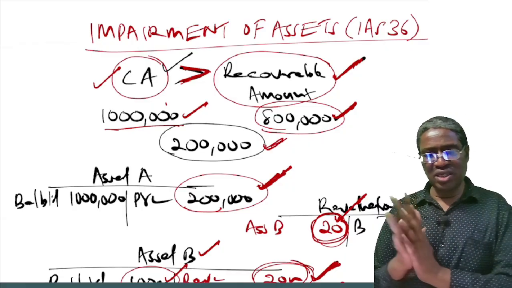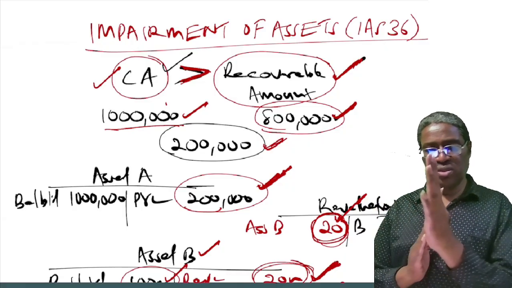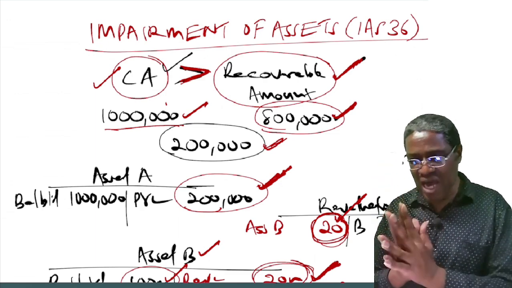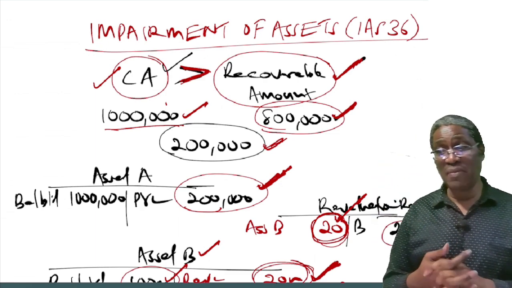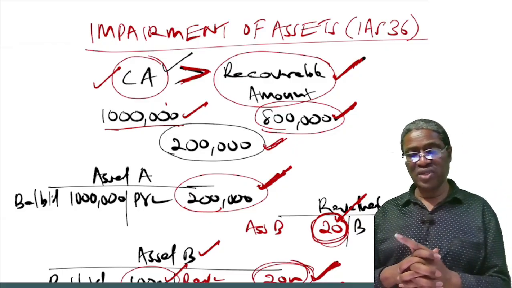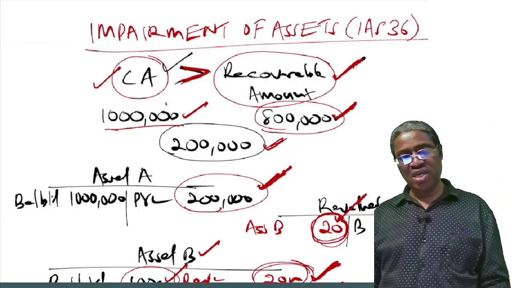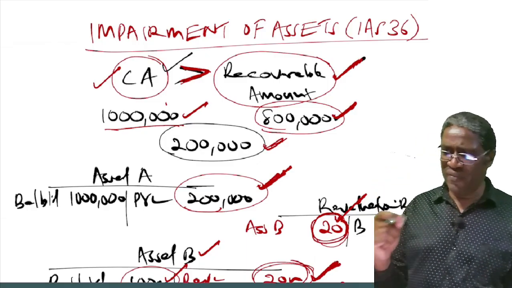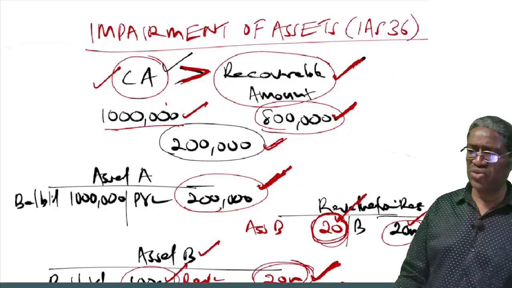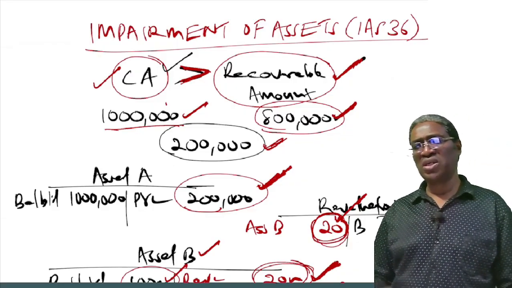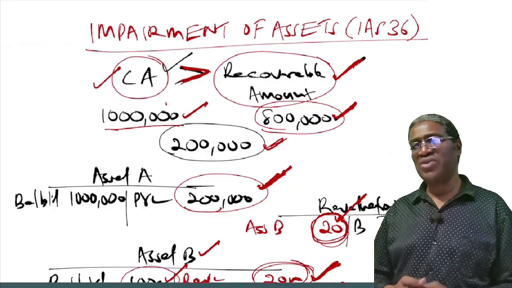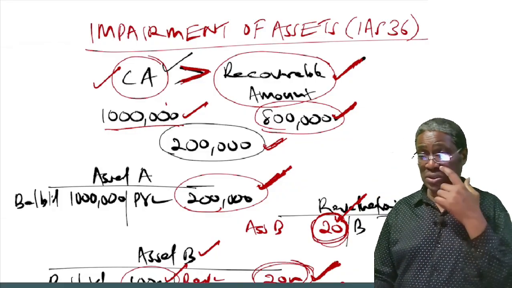An asset is said to have suffered an impairment loss, comma, if the carrying amount of the asset is higher than its recoverable amount.